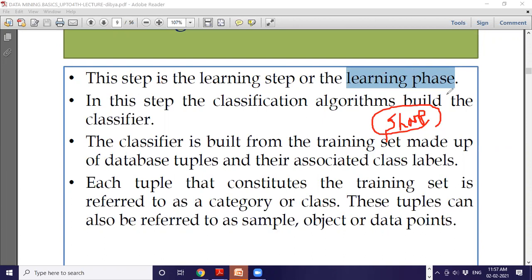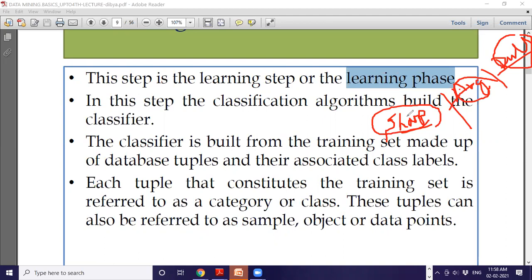From the past record, you have found that there are three classes: one is sharp, one is average, and one is dull, right? From where did you get this knowledge? Because you have some data or past record of the students whom you are going to teach. So you can consider these as class labels. Based on it, you will classify the whole group of students in the classroom into these three different groups.